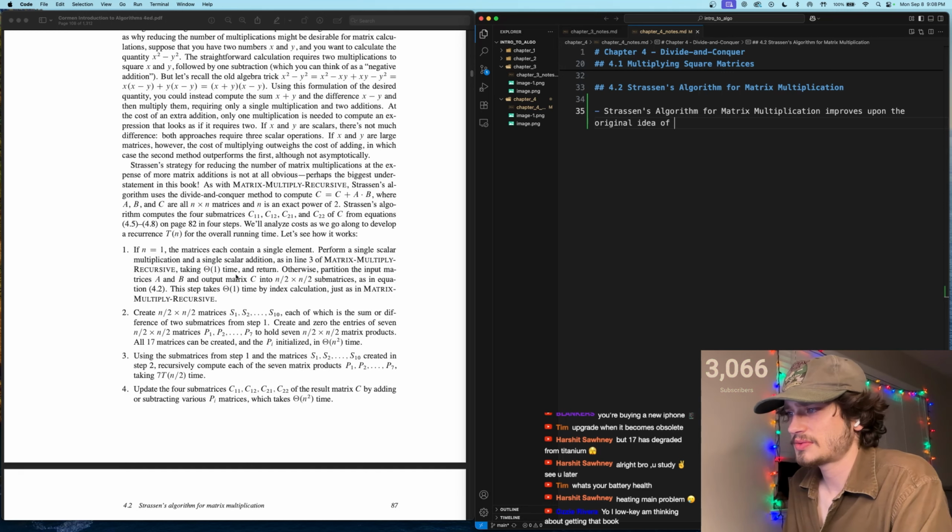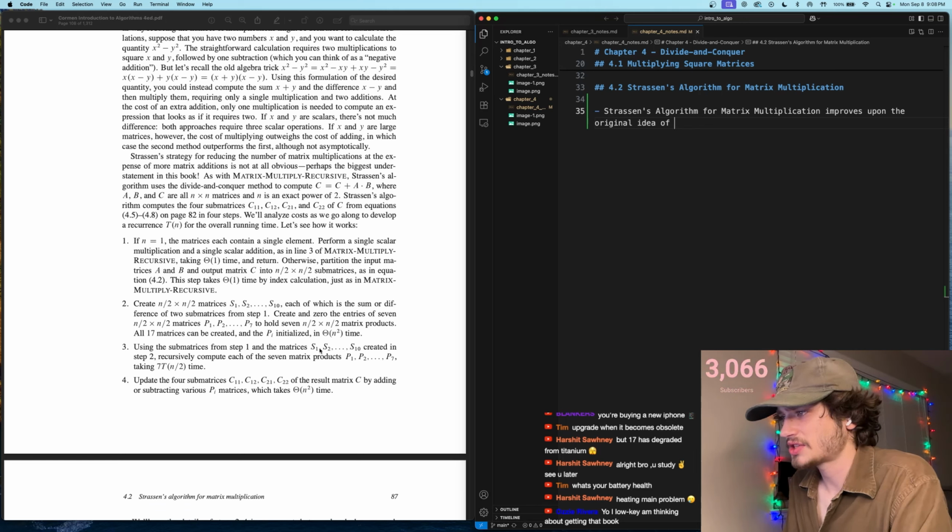Using the submatrices from step 1 and the matrices S1, S2, all through S10, created in step 2, recursively compute each of the 7 matrix products, P1, P2 through P7, taking 7 T of n over 2 time. Step 4. Update the 4 submatrices C11, C12, C21, and C22 of the result matrix C by adding or subtracting various Pi matrices, which takes theta n squared time.